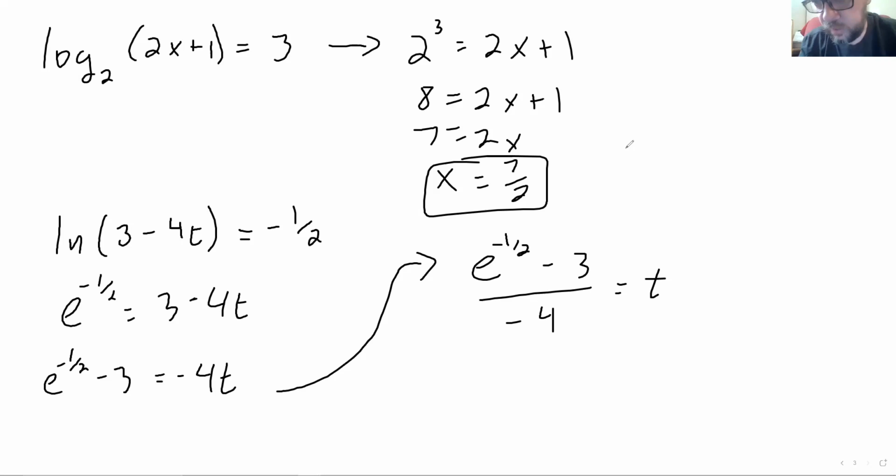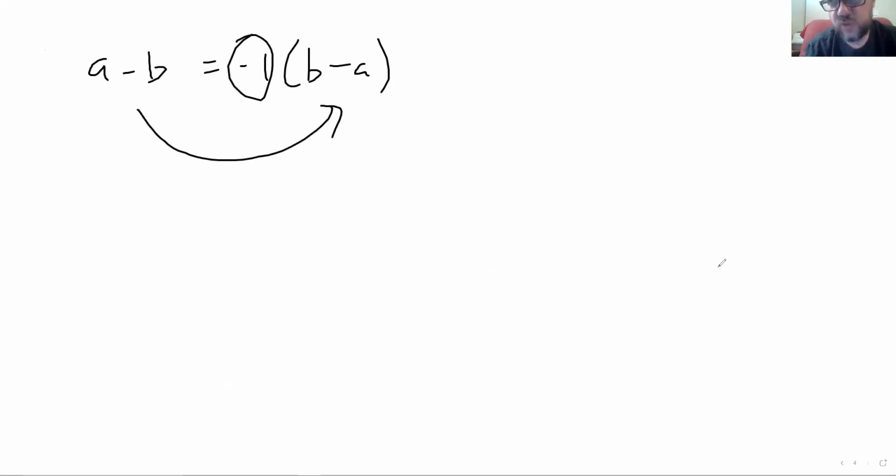So the thing you want to see here is that if I have a minus b, let me go on to the next board to describe this. It's not particularly complicated. You may have seen it before. If I have a minus b, that's the same thing as negative 1 times b minus a. So I can get an extra factor of negative 1 by switching the order of my subtraction.